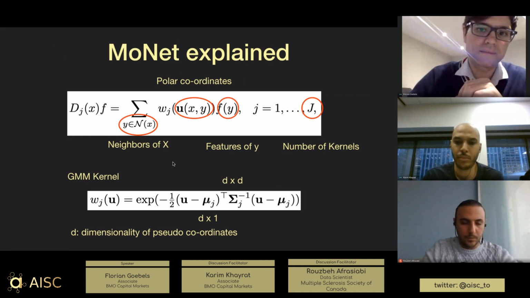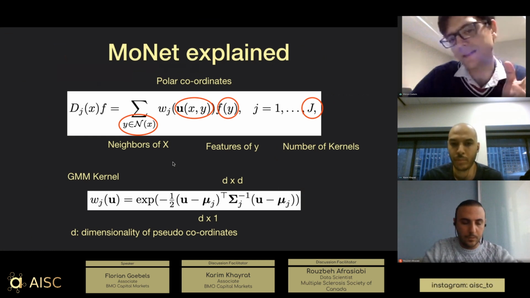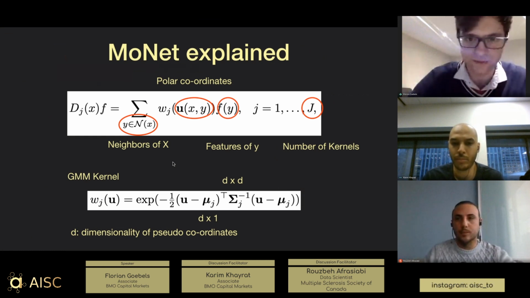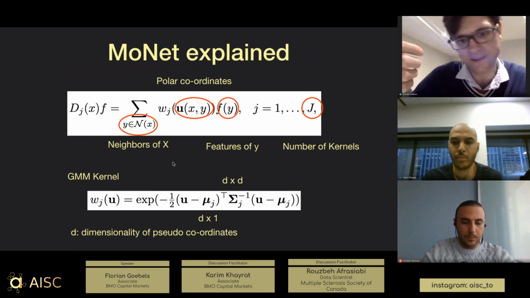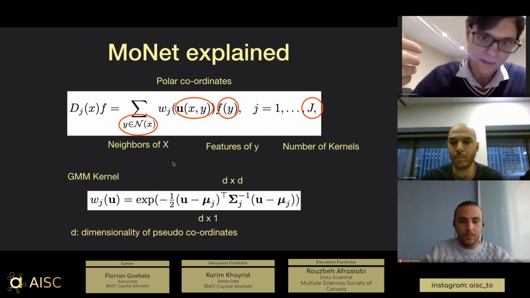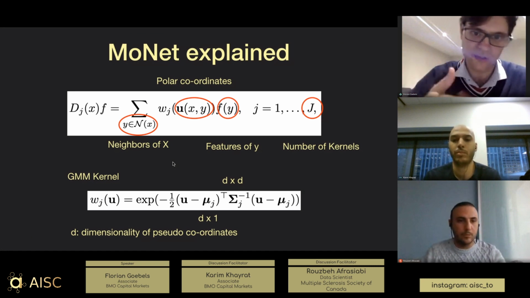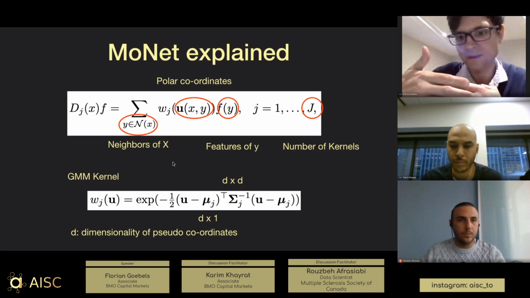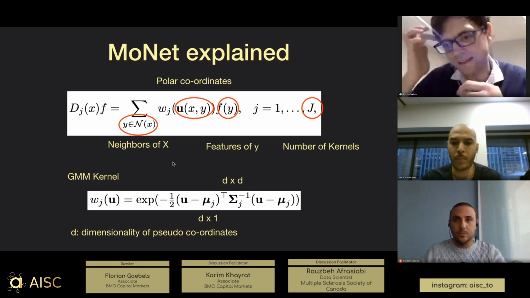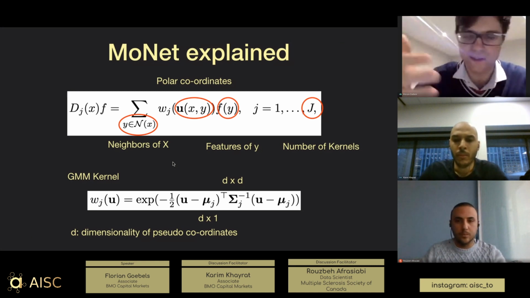And this u of x and y is just these 2 coordinate features, and this wj is, you see underneath, just what is happening is you subtract the mean, the mean value of that position, and you multiply it with the inverse of the sigma.